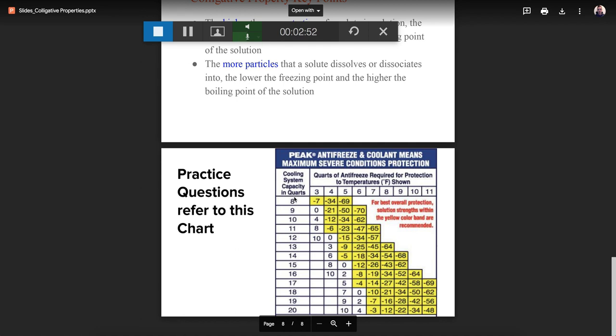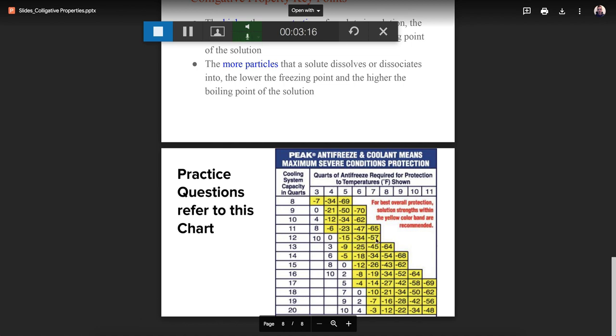So you can see here, this is the size of your coolant system. So let's say this is a coolant system in the engine of a truck, right? If the coolant system is 12 quarts and you put in 3 quarts of antifreeze, you can protect this down to 10 degrees Fahrenheit.